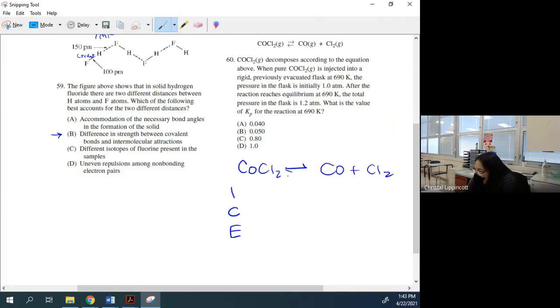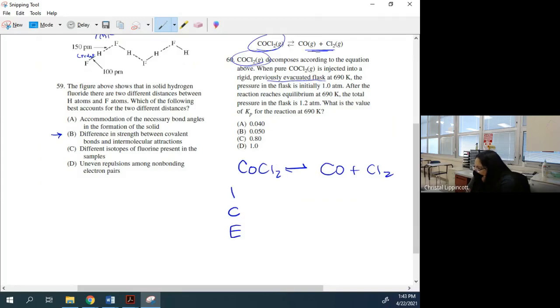All right, so this is a previously evacuated container, okay? So if this is an evacuated container, that means that this material here, when they put in this stuff, it's going to be pure. So initially there won't have been any of this here.